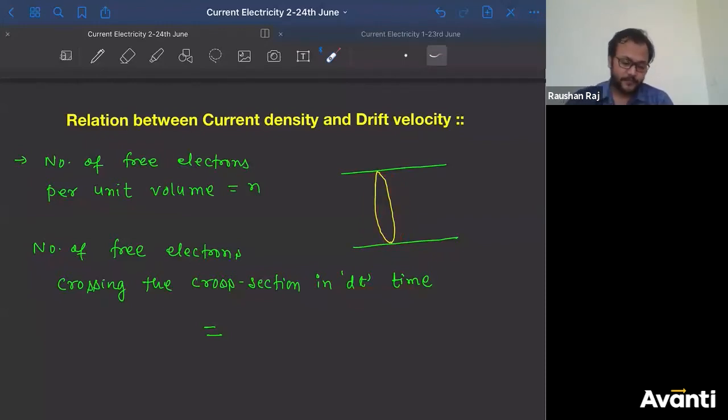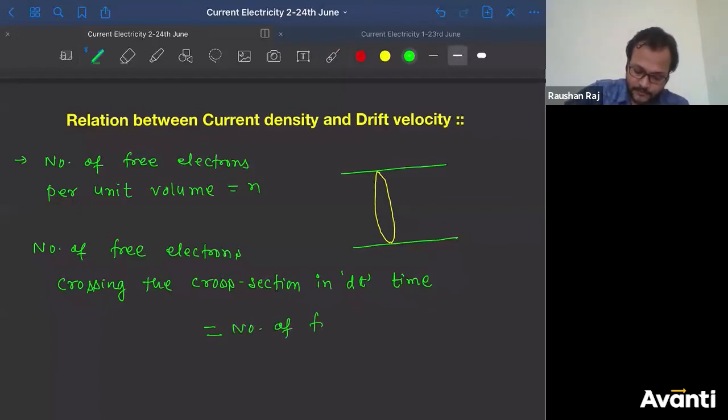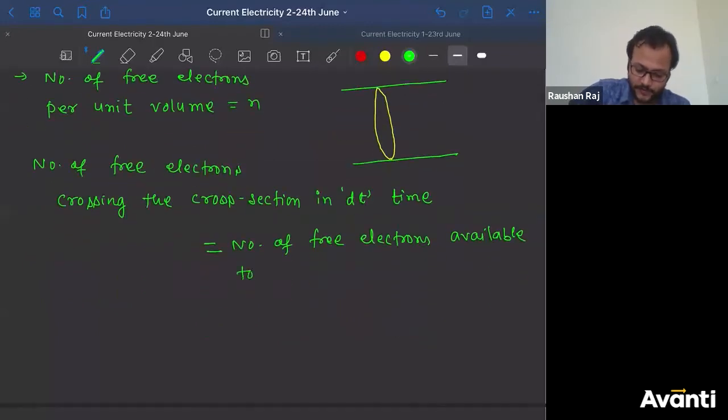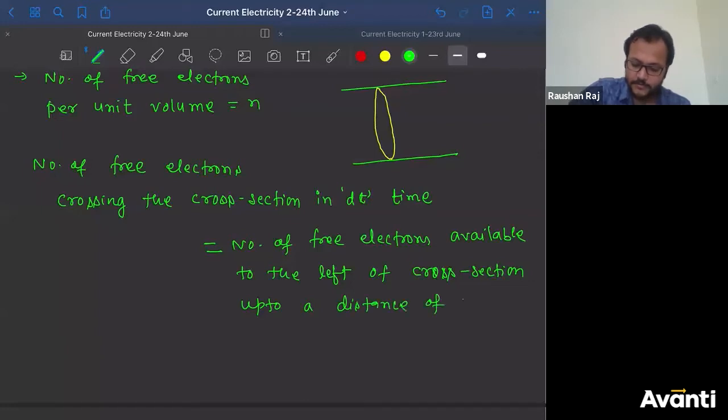Can I say that it can be written as the number of free electrons available to the left of the cross section up to a distance of Vd into dt.